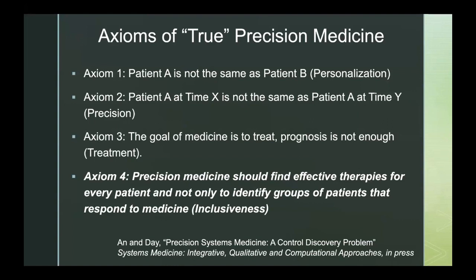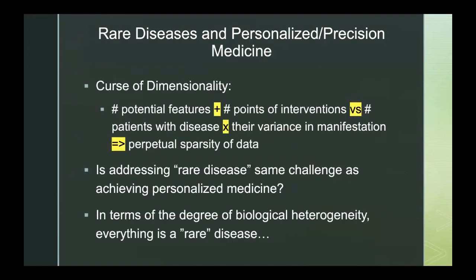And this last one is really important and potentially intersects my own interests with the rare disease community, which is that precision medicine should try and find a solution for everybody, and not just optimize existing therapies that have been demonstrated to work in subpopulations. So with that in mind, at some level, personalized precision medicine is kind of like a rare disease.